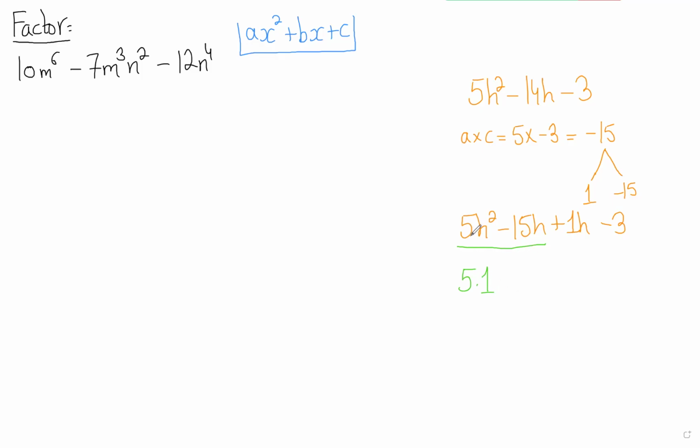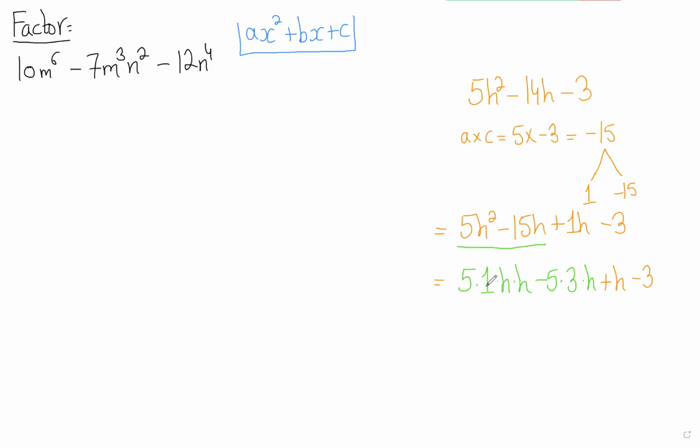So 5h squared is 5 times 1 times h, and then 15 can be written as 5 times 3, so negative 15h will be negative 5 times 3h. And then we have plus 1h, that's just plus h, minus 3. Let me put my equals sign here.